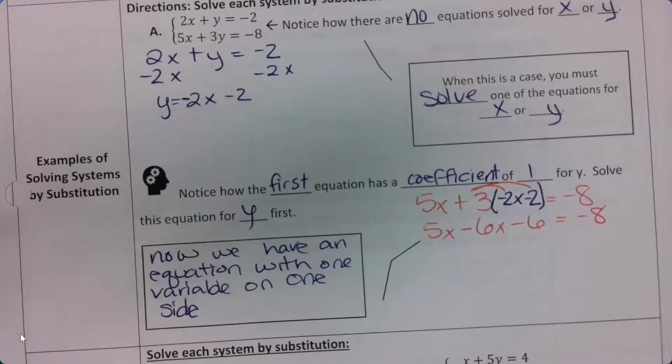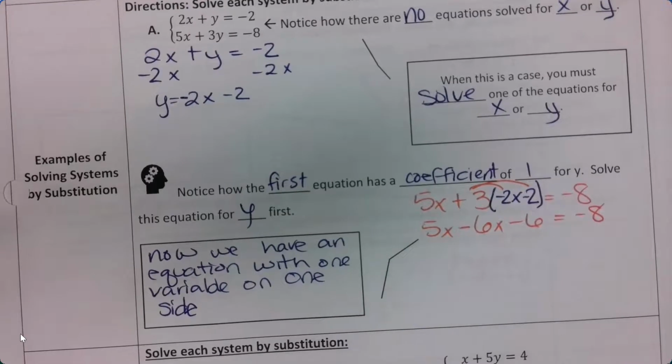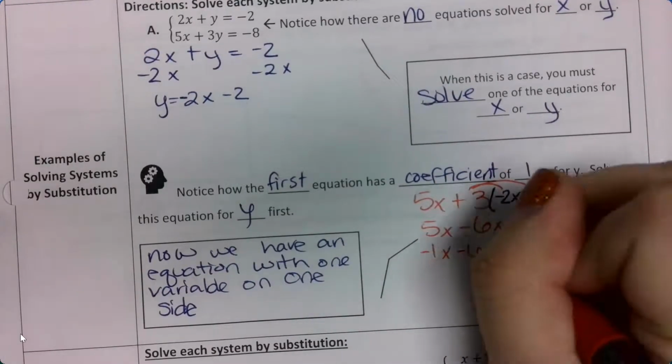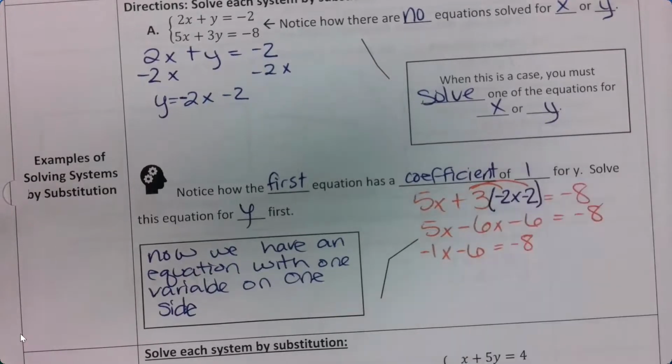Okay, then I want to combine like terms. What's 5x minus 6x? Okay, then what do I want to do next?